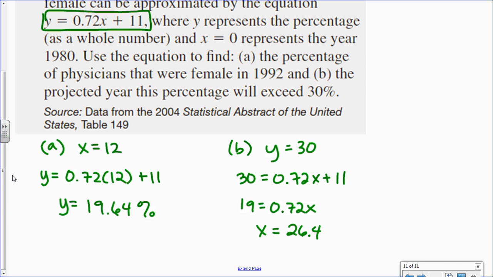If you're starting at 1980, what year would that be? 2006. So let's assume that this was January 1st, 1980. Okay, so if you add exactly 26 years, then you're at January 1st, 2006. 0.4, you're not quite at year 2007, right? You're still in the year 2006, so that's going to be our answer.